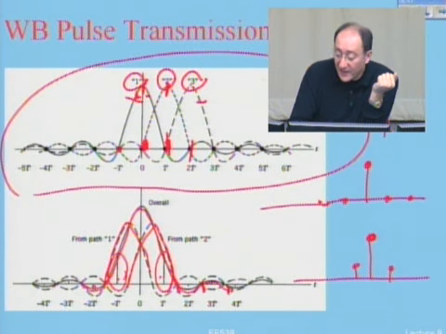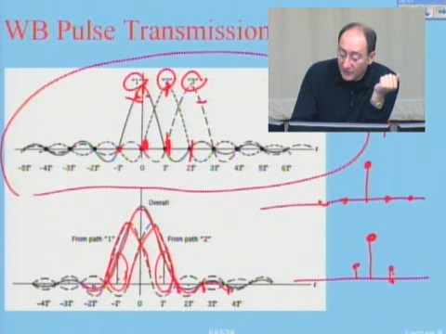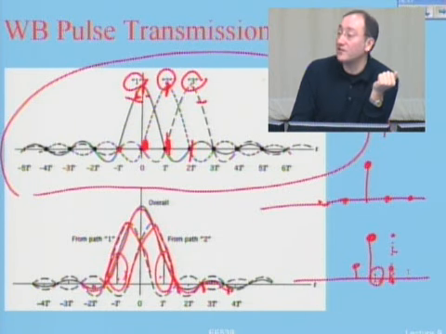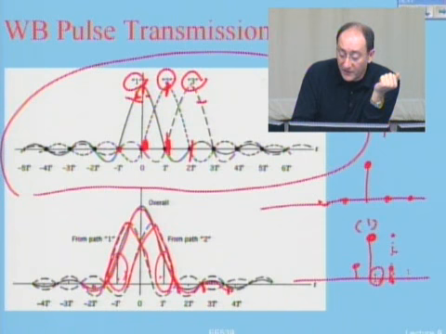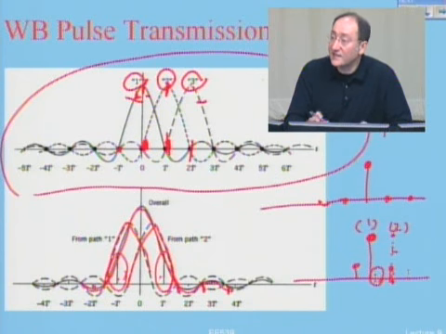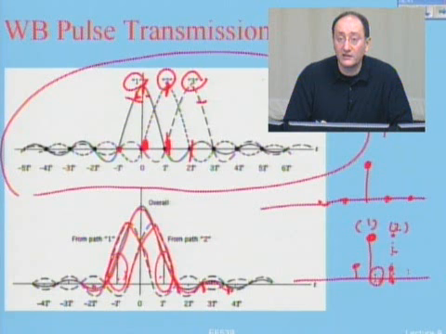So when I send my next symbol here, the next symbol would be like this. And this guy interferes with this guy, interferes with this. So the symbols interfere with one another. Okay? So this is the same phenomenon that I used to call intersymbol interference.